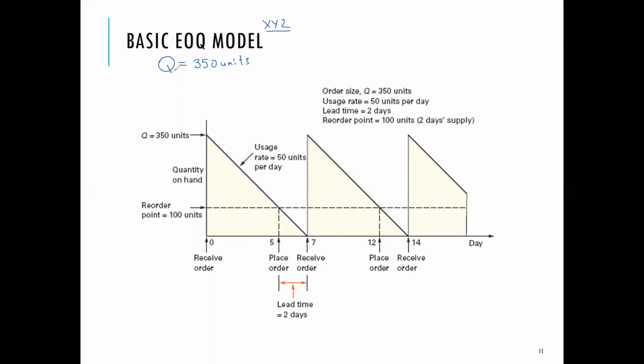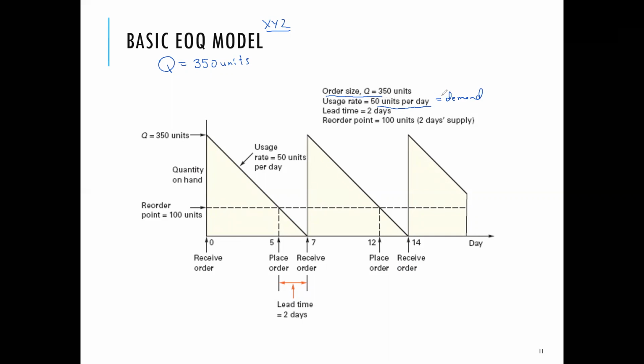So the lot size, which is represented as Q, is 350 units. That is our order size. We will assume in this example that the demand is 50 units per day. As you notice, this is fixed.